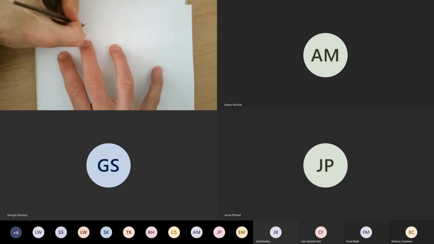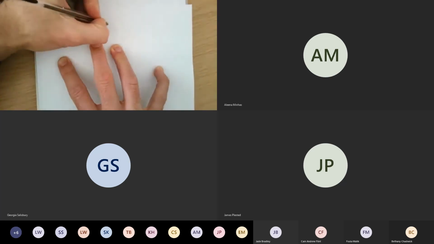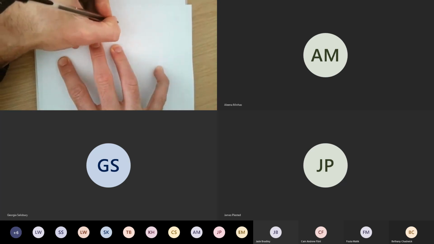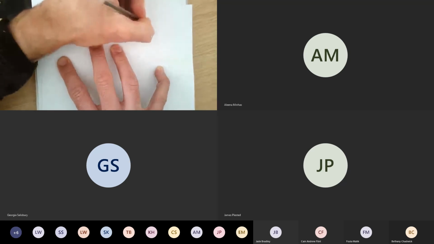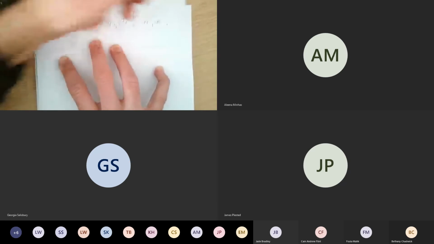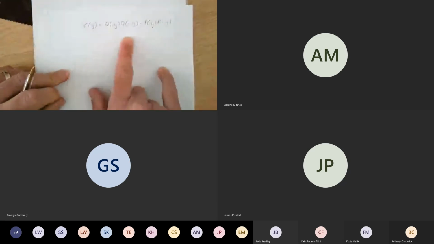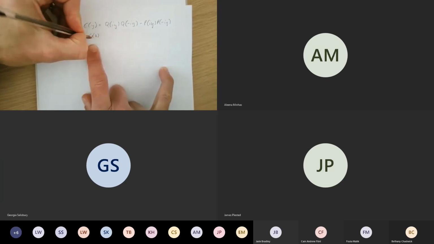Okay, and I just write down that function E(y). So E(y) was Q(iy)Q(-iy) minus P(iy)P(-iy). That's what we're looking at. And just to remind ourselves, I write down what Q(z) was.